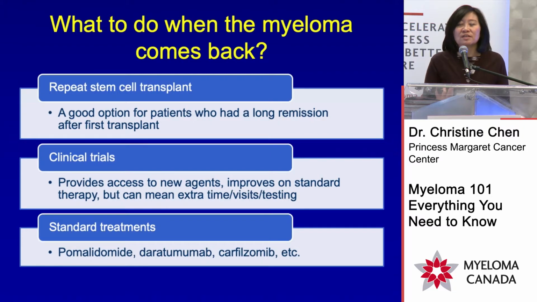We can move towards clinical trials, and this provides access to new drugs and improves on standard therapy, but can mean there's more commitment to coming here: extra time, visits, testing.